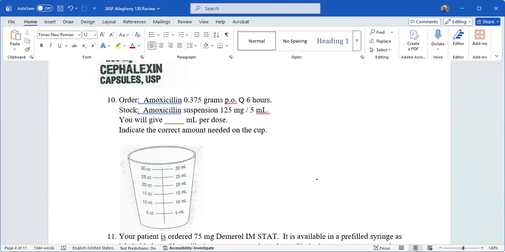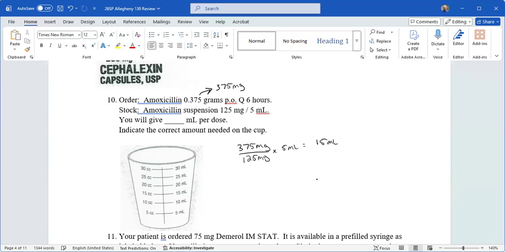The available is 125 milligrams per 5 ml. We want to know how many ml to give and then mark that on the cup. First I convert 0.375 grams to milligrams, which is 375 milligrams. Then I take 375 milligrams over 125 milligrams times 5 ml, and that gives me an answer of 15 ml.